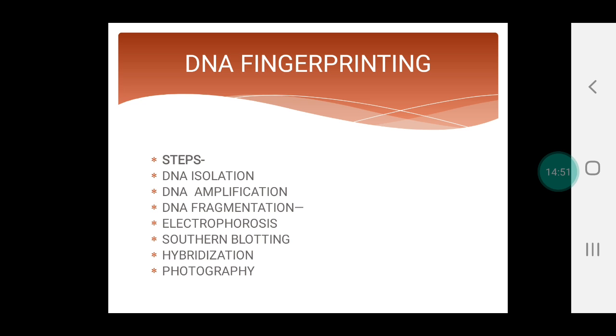Then comes DNA fragmentation. The DNA sample is then subjected to restriction endonucleases which cut DNA at specific locations, making many pieces of DNA having variable length.